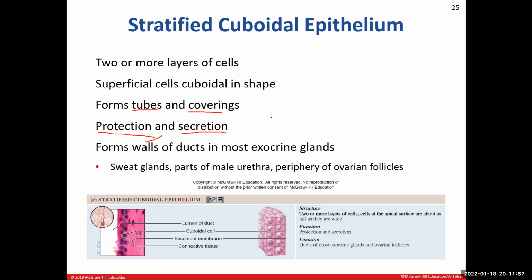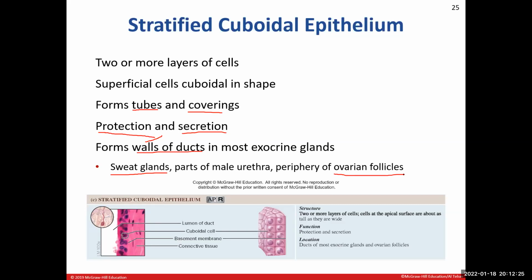So we're going to see this type of epithelium found in the walls of those ducts. So sweat glands is a great example. You have those all throughout your skin. And then when you get into chapter, it's either 28 or 29, in Bio 211, we'll talk about the ovarian follicles with the oocyte formation and whatnot.